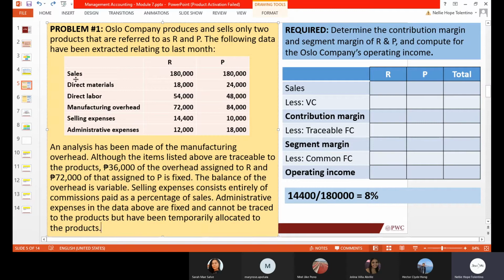So, let us plot these amounts in our performance statement.